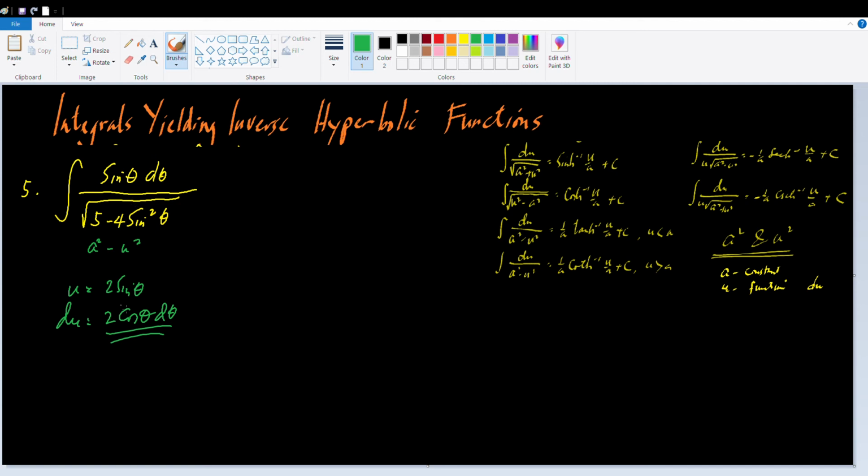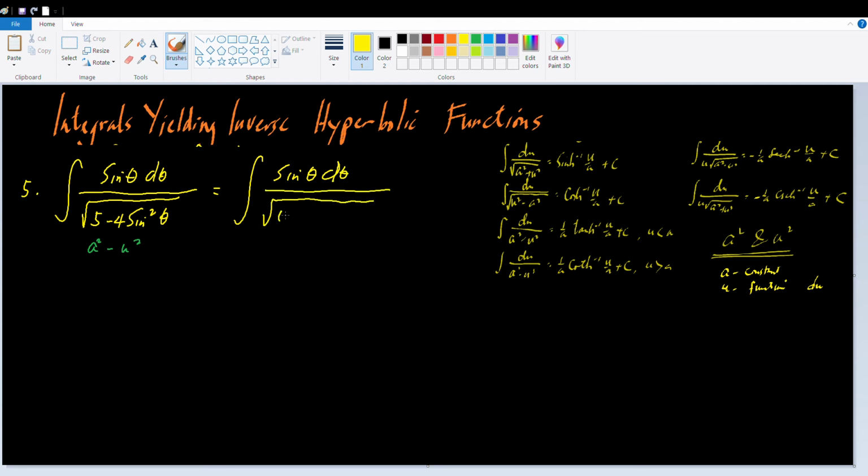And we know that sine theta d theta is the differential of cosine theta, or the differential of negative cosine theta. So what we will do is create a cosine function inside the radical. We can do that by applying an identity to sine squared theta, which is equal to what?